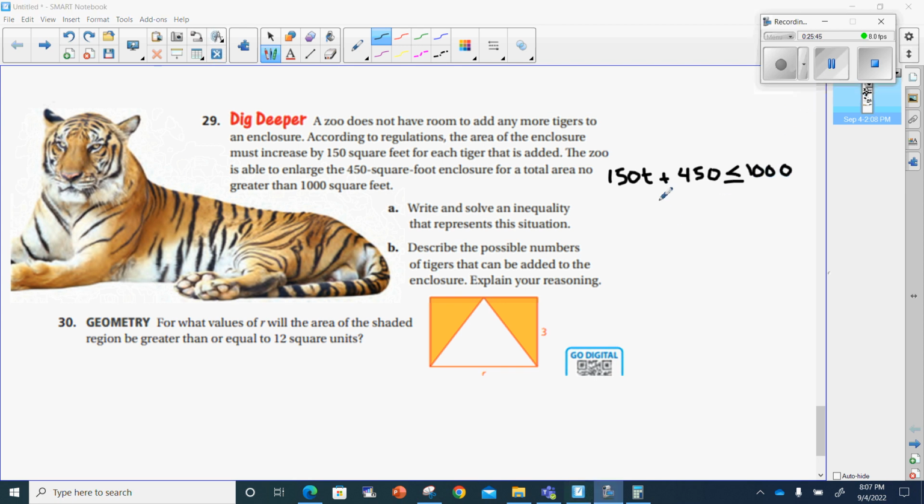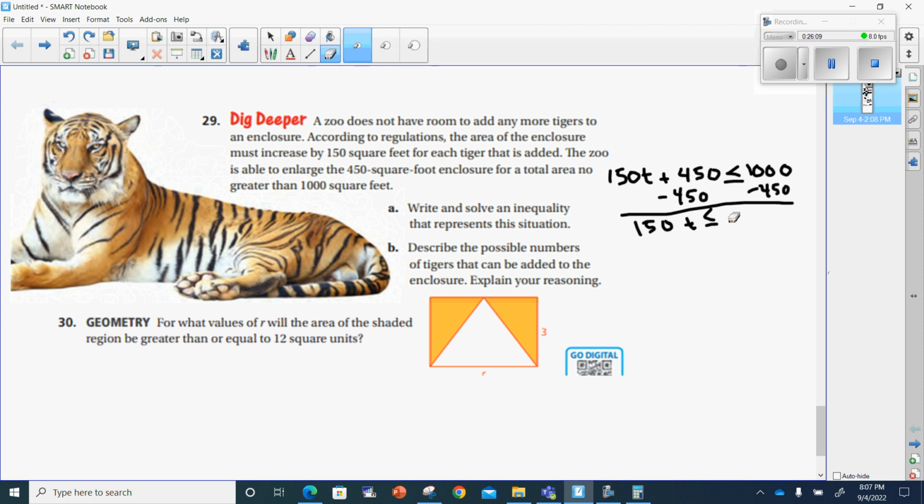When I solve this, I'm going to have to minus 450 from both sides. This will give me 150 T is less than or equal to 550. Now I have to divide 150 away to get T by itself.